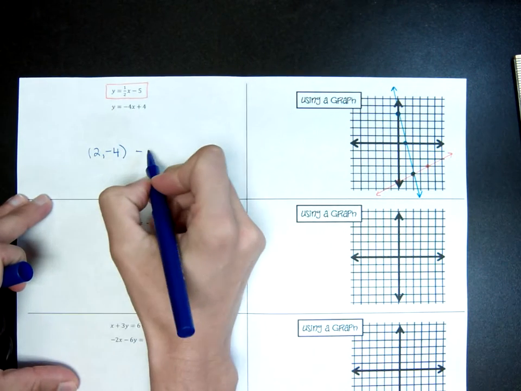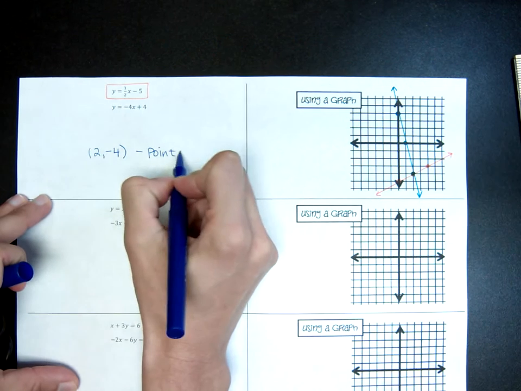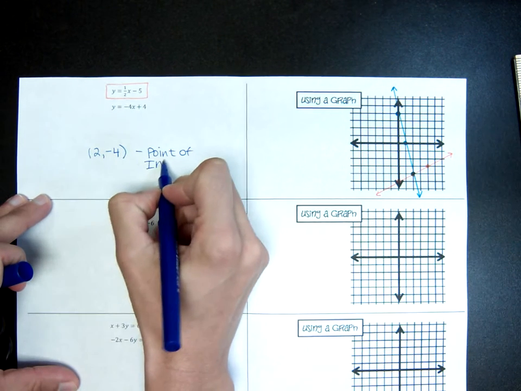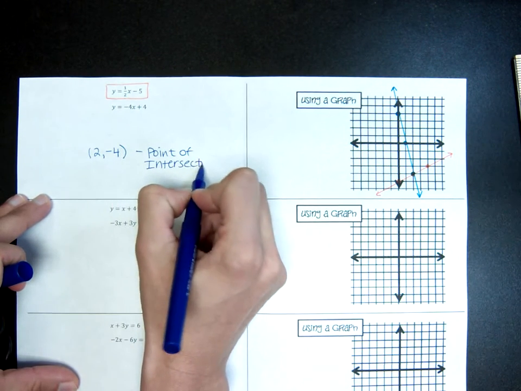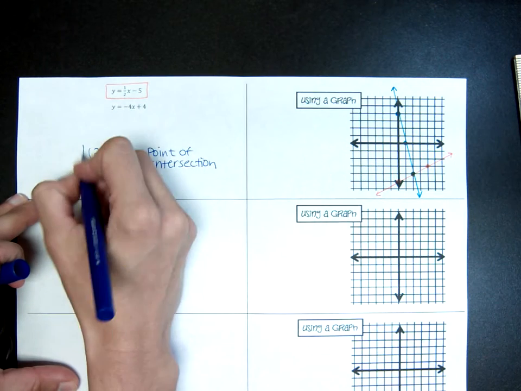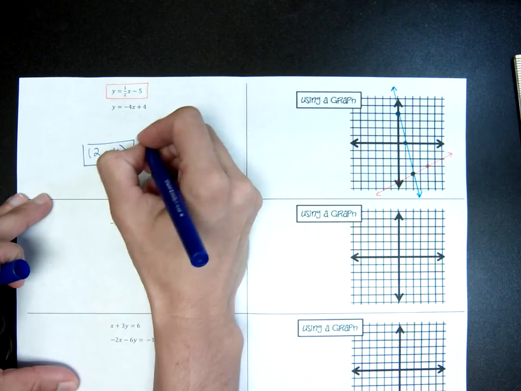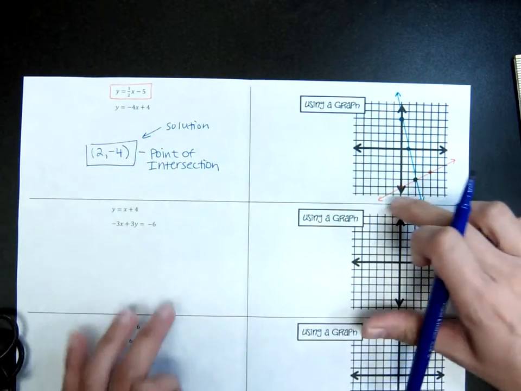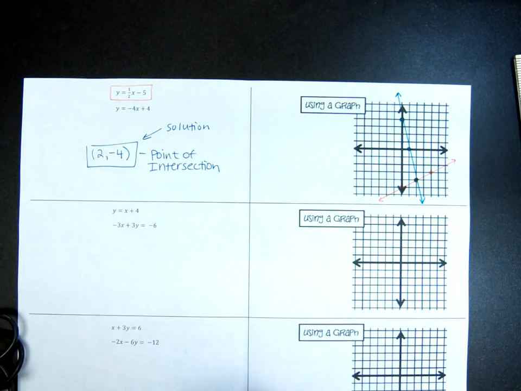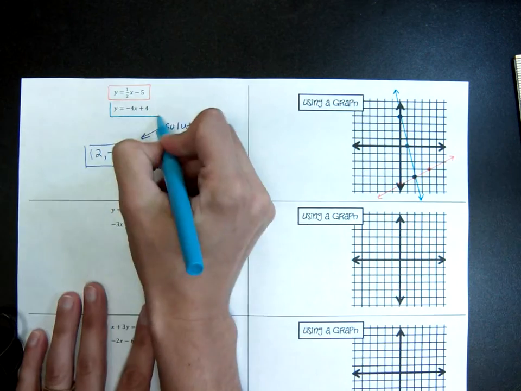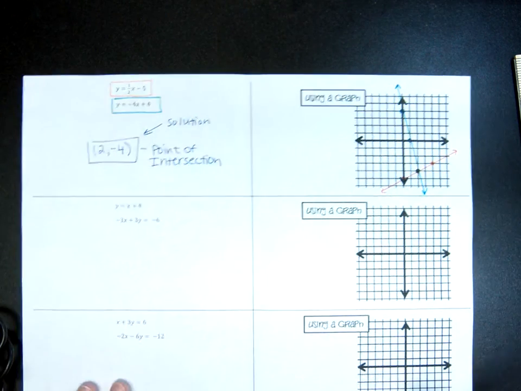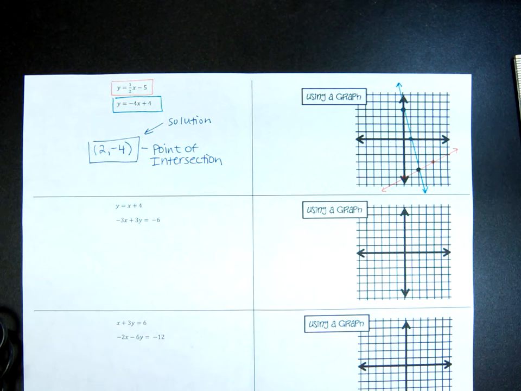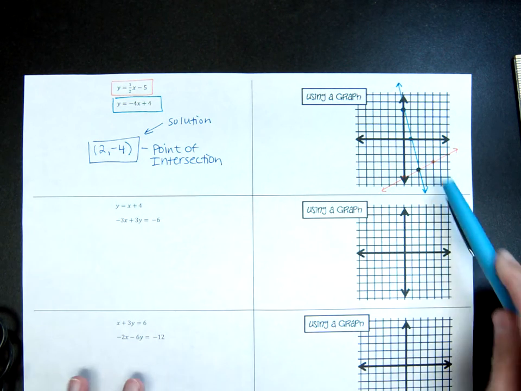That is our point of intersection, and that is also our solution. That point is on both of the lines, and that is why they intersect at that point. So when solving a system of two equations, we may get a point of intersection.